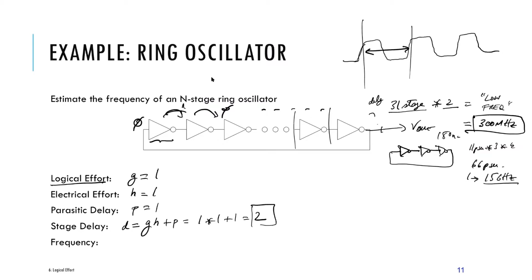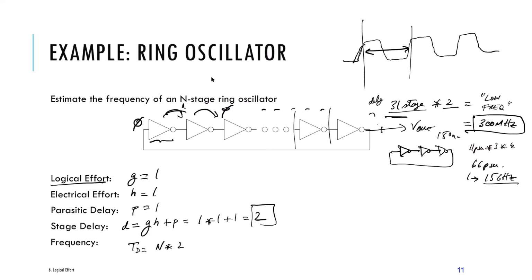Okay, so if you want to find the frequency, like I was saying here, the total delay is N, that's the number of stages, times 2, because we have to first put a 1 across and then a 0 across.